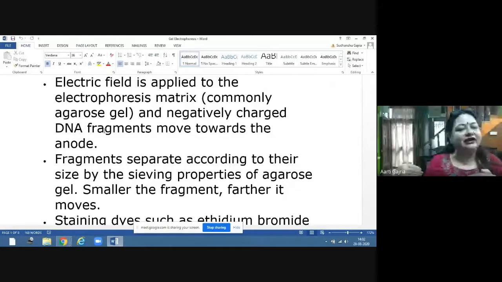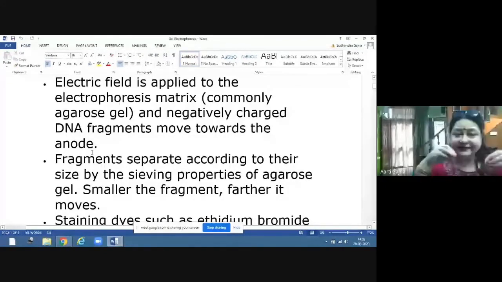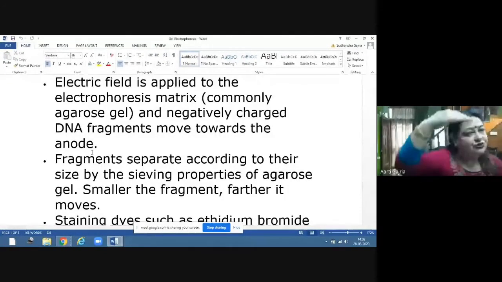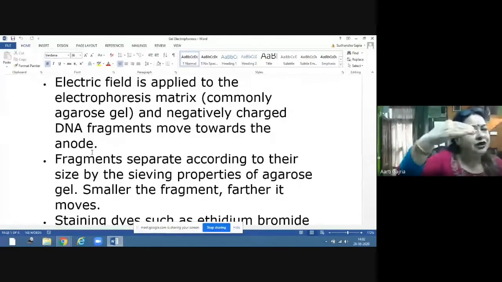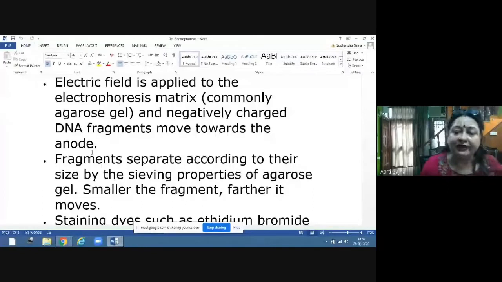So we can separate the DNA fragments as per their size, by the sieving properties of agarose gel. The agarose gel is there to sieve these fragments. The smaller the fragment, the farther it moves, and at the end you will have very small particles.